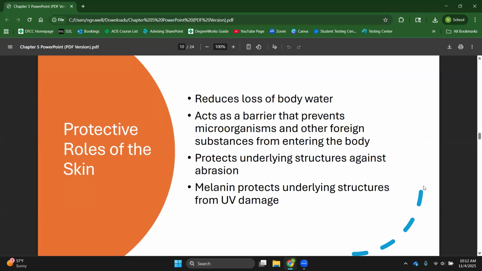We talked about the importance of having so many layers because of how exposed our skin is. We need to protect the underlying structures of our blood vessels and nerves and important structures within the dermis from abrasion. And then we have that melanin that we just talked about that helps protect our nuclei from UV damage.